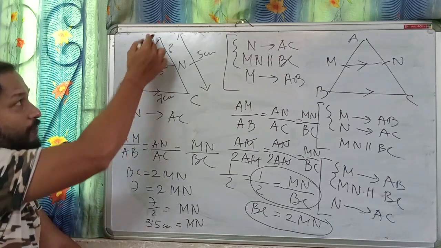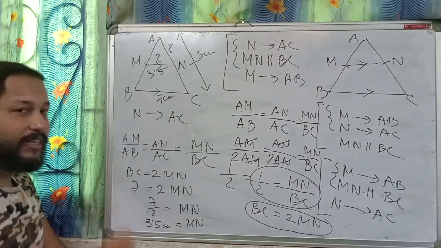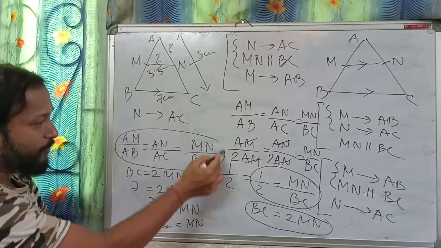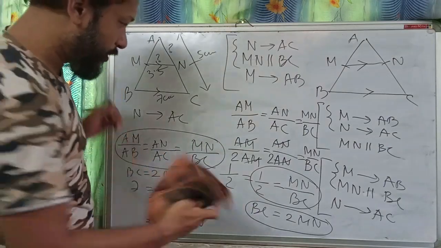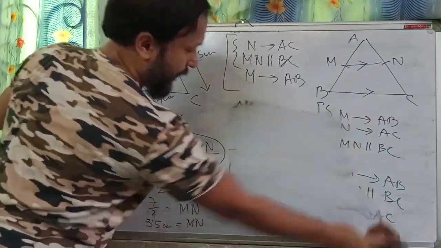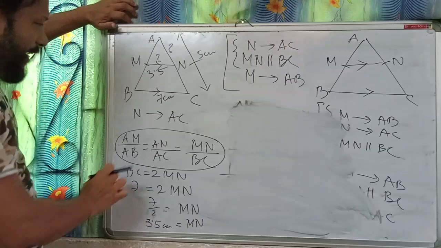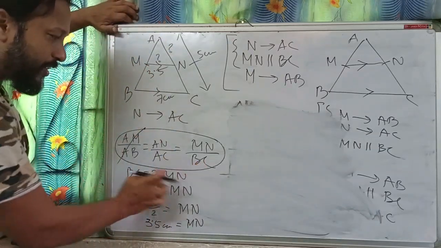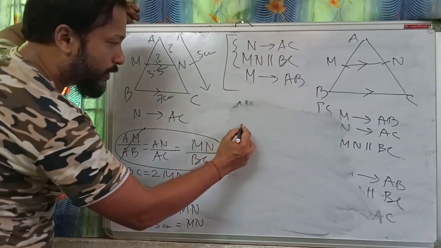Okay. Now we have to find AN. To find AN, we'll use this equation. Let me rub this portion. I don't have space here. AM by AB I do not require, let us cut it. We'll take this much. AN by AC. AN we do not know.